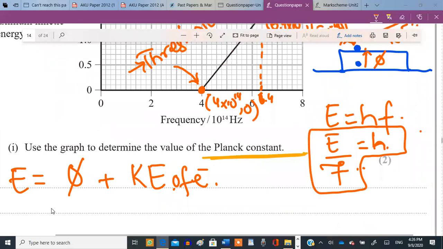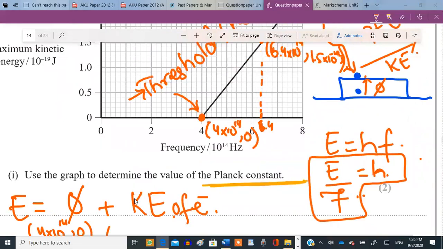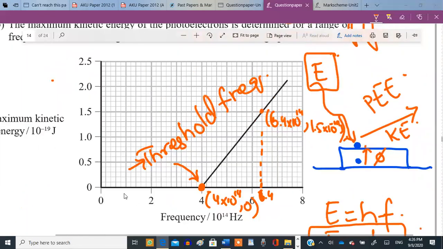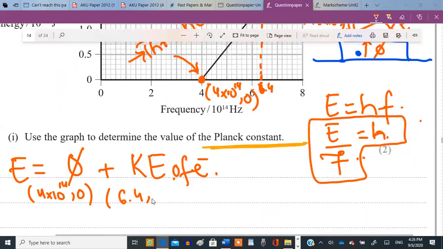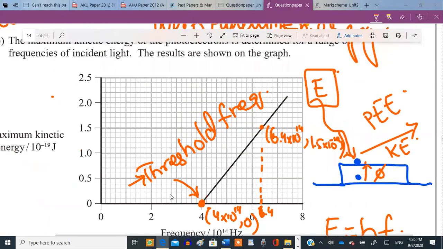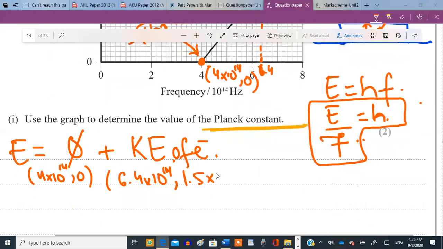So 4 times 10 raised to the power of 14 and 0, and 6.4 times 10 raised to the power of 14 and 1.5 times 10 raised to the power of minus 19. What do I calculate? The gradient. The slope turns out to be y2 minus y1 over x2 minus x1.